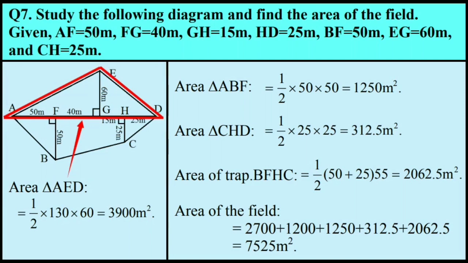First of all, the area of triangle AED, where the base AD is given 130 meter and the height EG is given 60 meter. Hence, area of the triangle AED equal to half into 130 into 60, and the expression results in 3900 meters square.